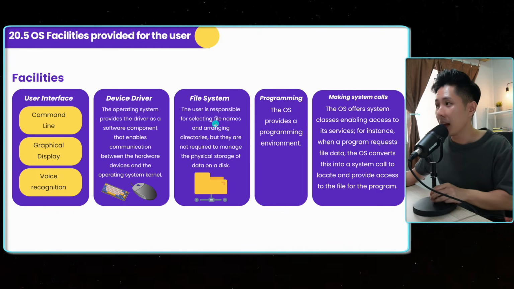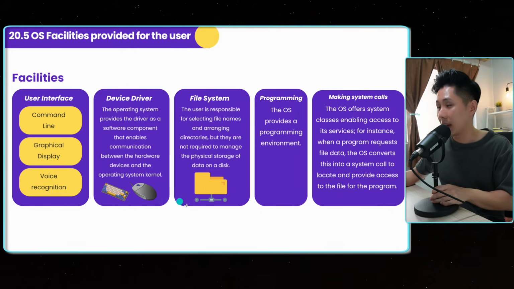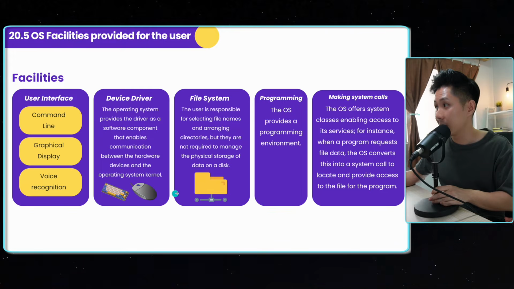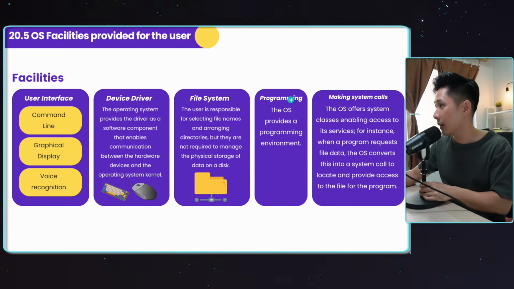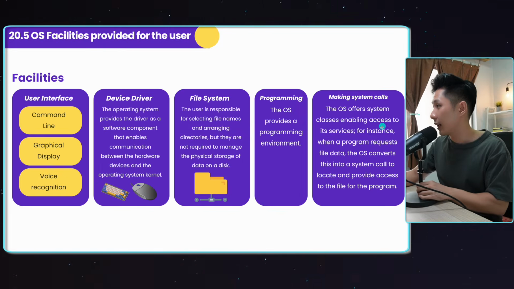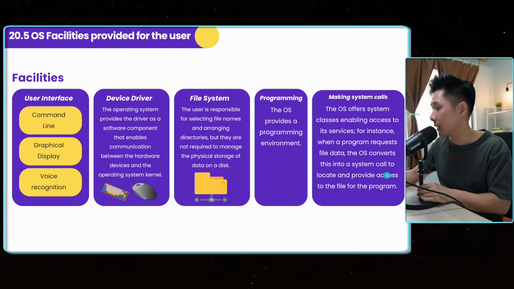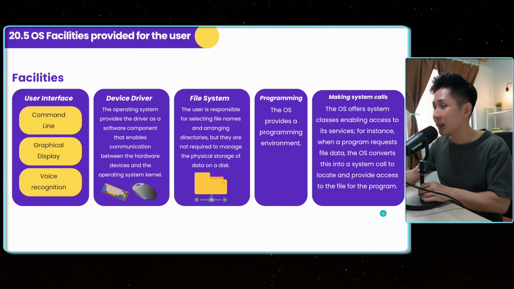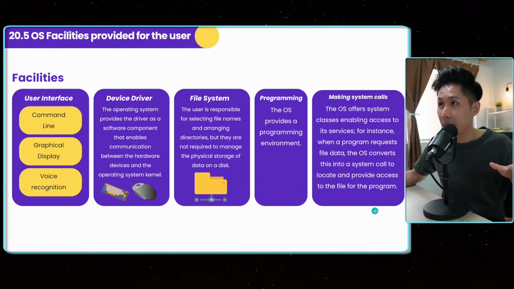File system: how we create folders and subfolders is possible because the OS provides the facilities. Programming: they provide an environment for us to program. And making system calls, which enables access to its services. For instance, when a program requests file data, the OS converts this into a system call to locate and provide access to the file for the program. So these are the facilities that the OS provides for the user from an external viewpoint.